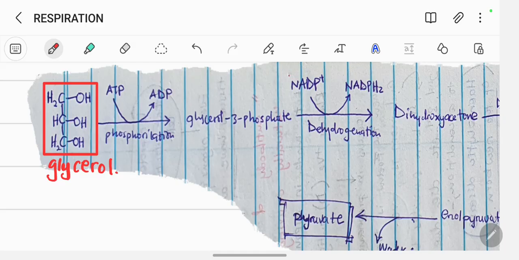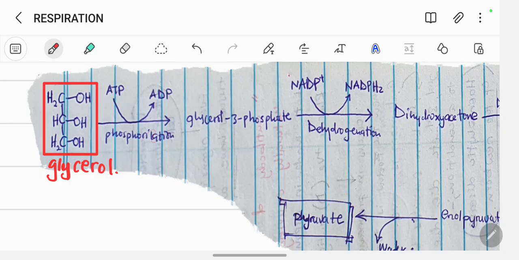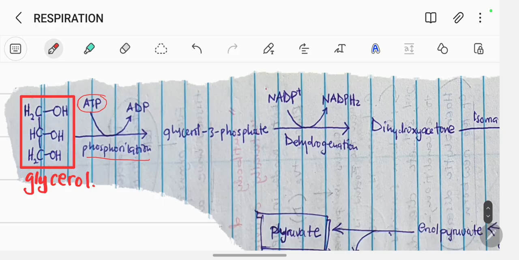So what we do is that we first phosphorylate it. So it's going to undergo phosphorylation. What do we mean? We are going to pump in ATP into this glycerol. As we pump in ATP, we form glycerol 3-phosphate.